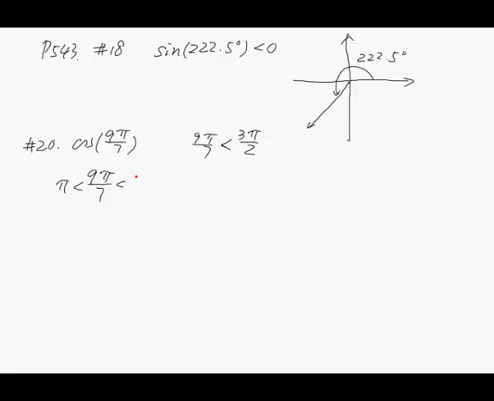So you know this 9 pi over 7 belongs to quadrant 3. So that means this cosine of the 9 pi over 7 is less than 0.